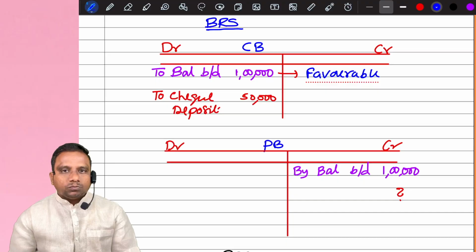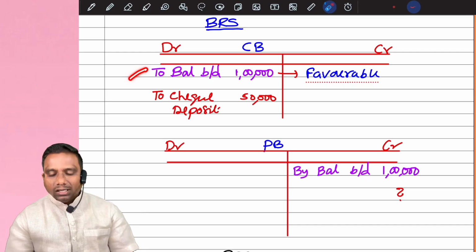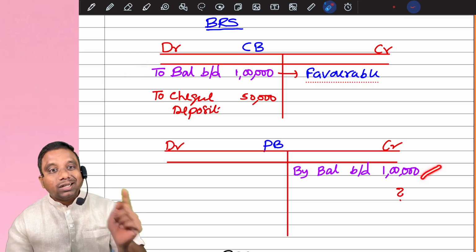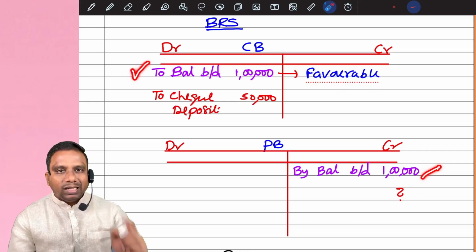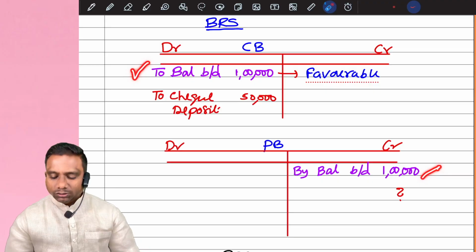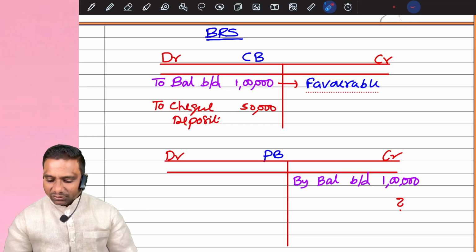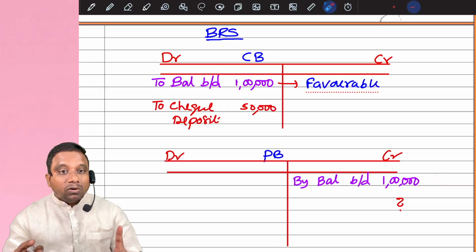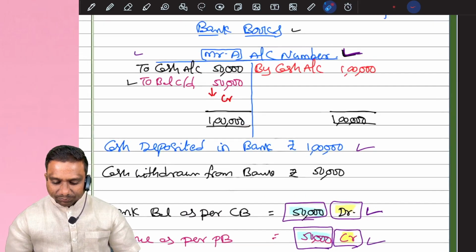First, we assume that when the cash book is showing a debit balance, the passbook shows a credit balance. Opposite, same amount. We have discussed the same in this example.